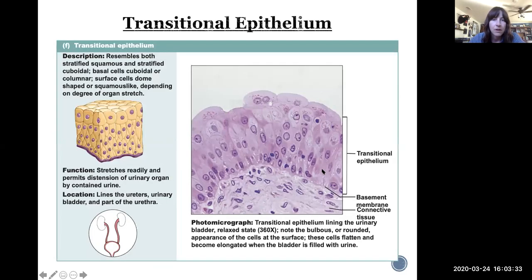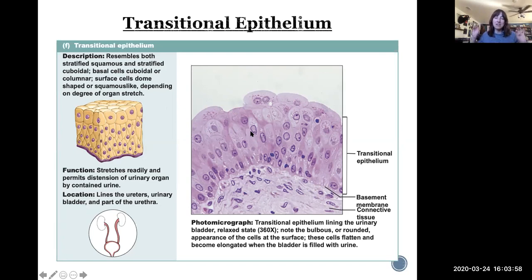Okay. So transitional epithelium is the last. Oh, no, we've got glandular too. Transitional epithelium, before we get to the glandular stuff, is epithelial tissue that looks like stratified squamous and stratified cuboidal put together, at different times.